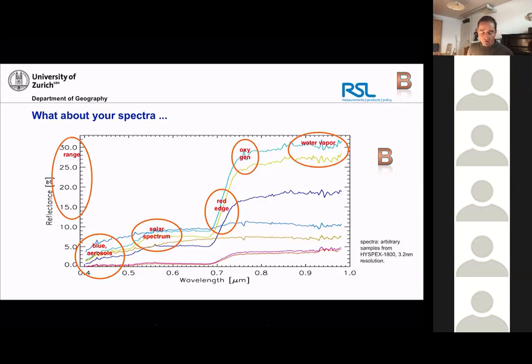Then the spectral range. That's maybe the most important one. You should have a little bit of experience for that, but normally you shouldn't get more than 60% reflectance anyhow. Natural objects are never much brighter than about 60%. Vegetation shouldn't have more than about 50% reflectance in the near infrared.